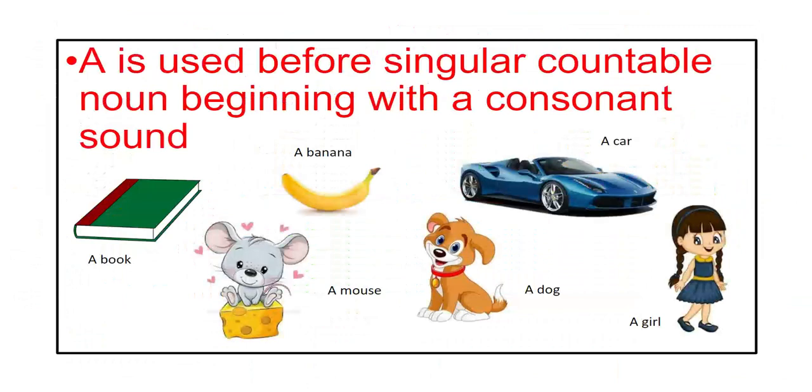We just discussed that there are 21 consonants, but children, there are 24 consonant sounds. And a is used with these words. The examples can be a banana, a TV, a computer, a fridge, a dog, a mouse. So we are talking about singular countable nouns but beginning with a consonant sound.